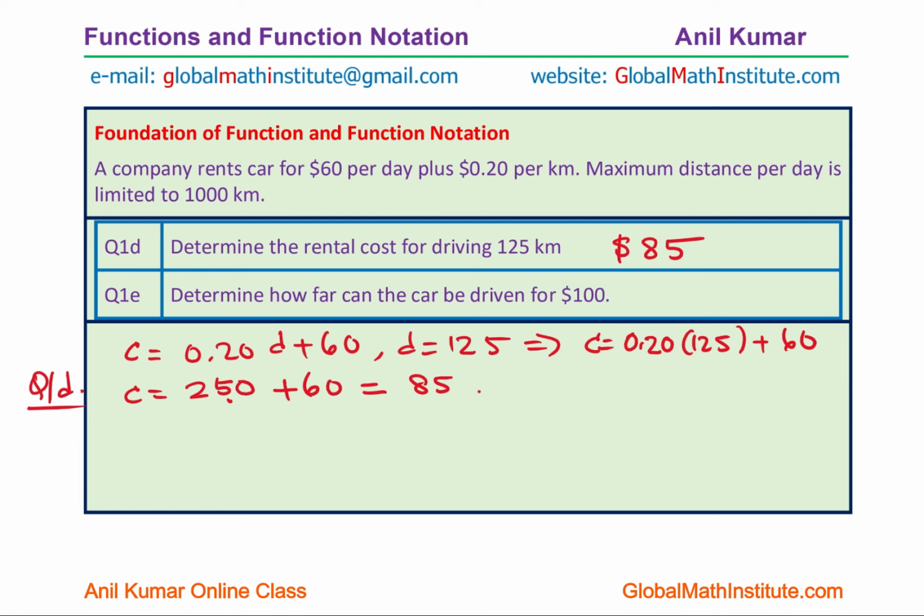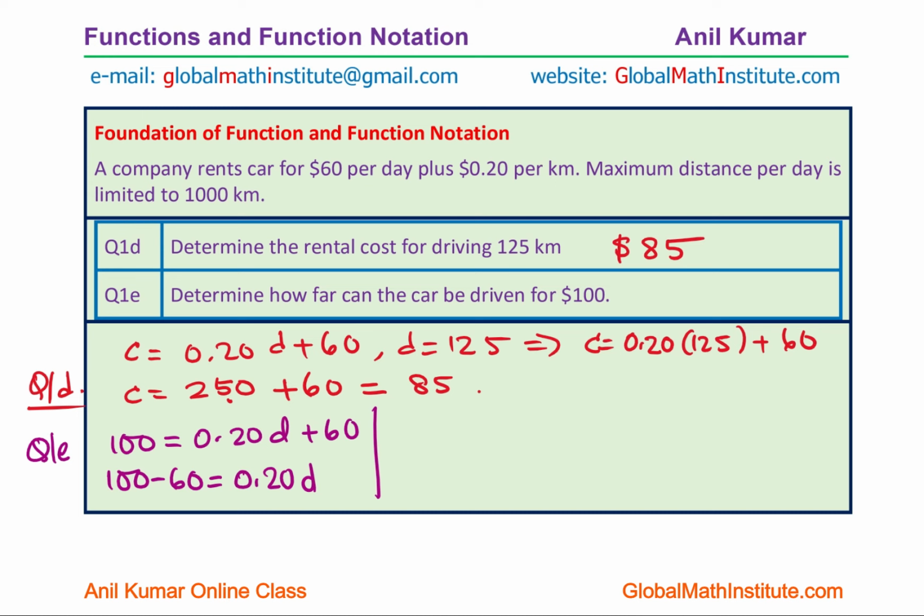Now let's look into 1E, which is determine how far the car can be driven for $100. So total cost is $100, and we need to isolate the distance d. Taking 60 to this side, we get 100 minus 60 equals 0.20d. So 0.20d is equal to 40.